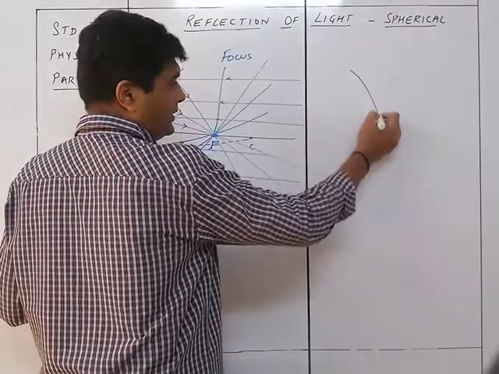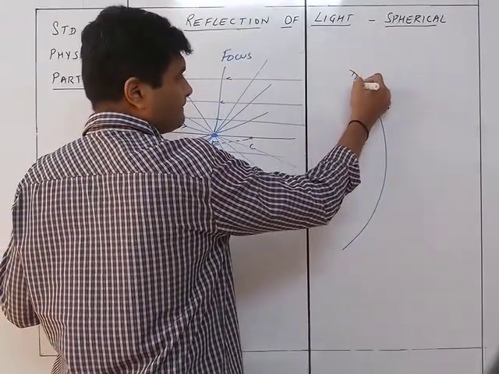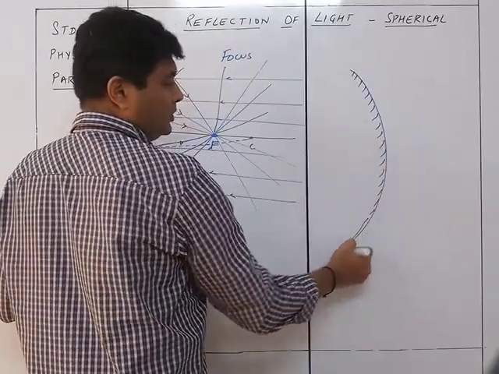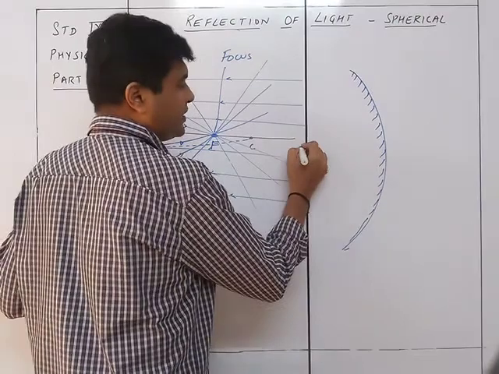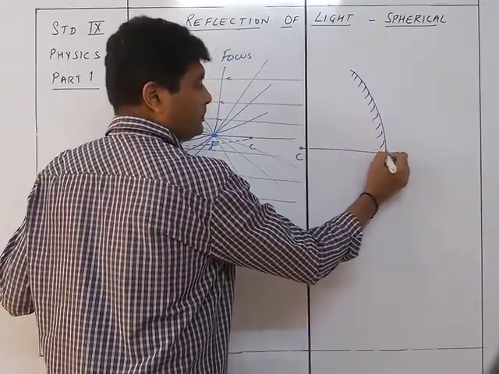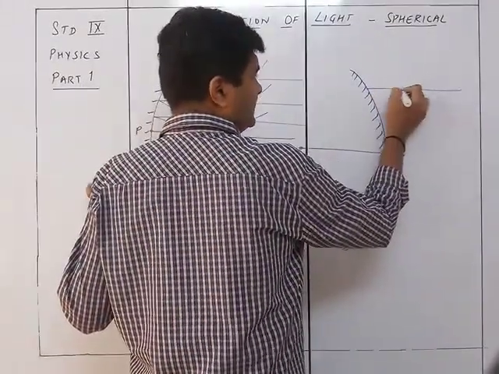So in a convex mirror, we very well know the center of curvature is over here, C. This is your pole. The rays of light are coming over here like this.